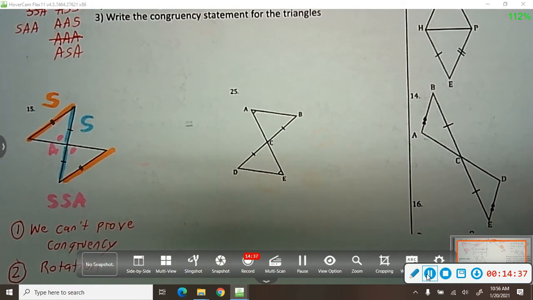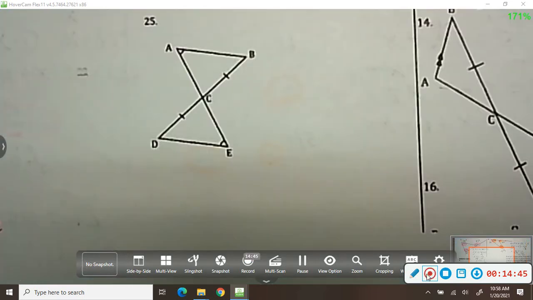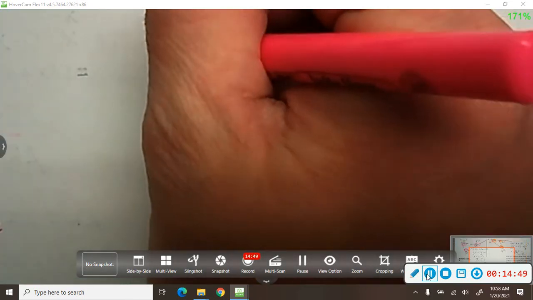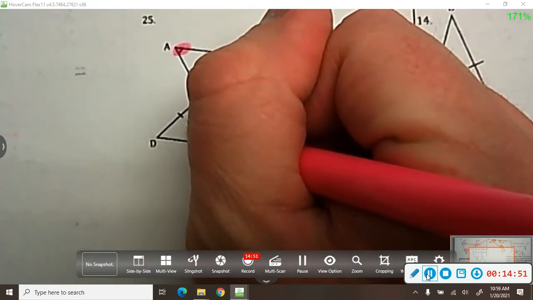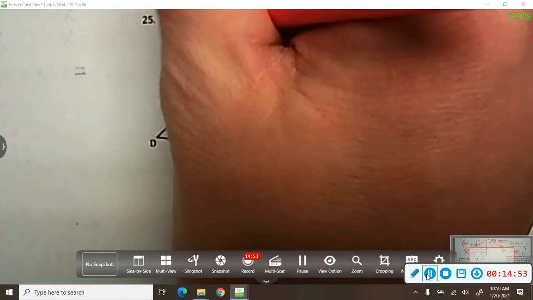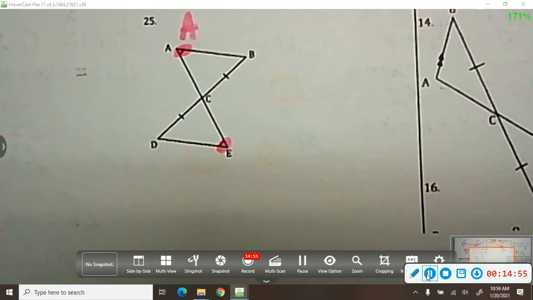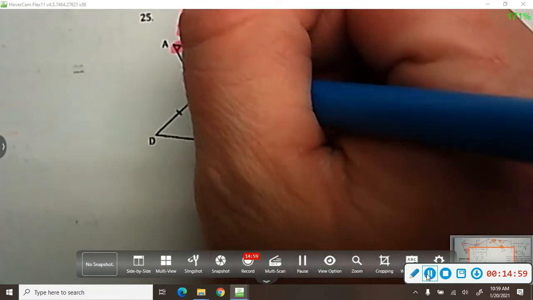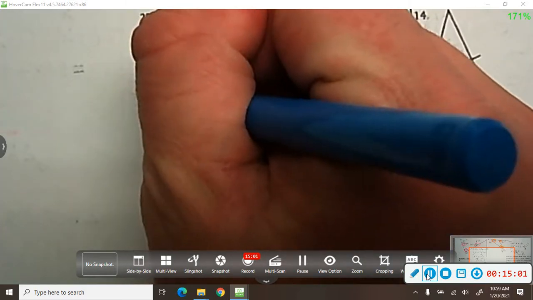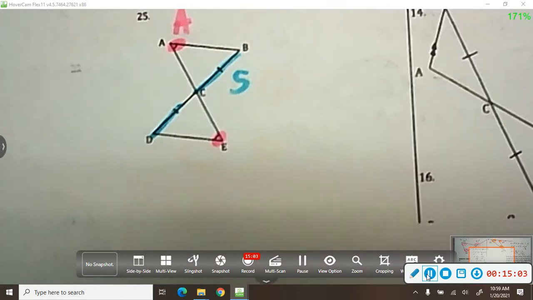So now would be a good time to try number 25, see how you do. You can hit pause on the video and check your answer. Number 25. I know that this angle equals this angle. So there's my A. A stands for angle. I know that this side is congruent to this side. That's where the S stands for side.